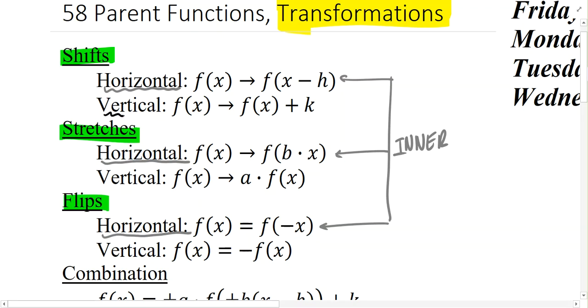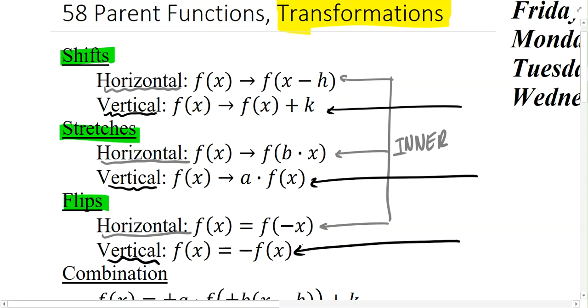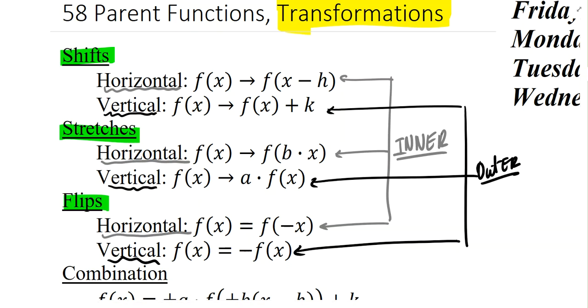If we wanted to perform some sort of vertical transformation, then all of these computations occur on the outside, or on the outer portion of our function. So by recognizing that pattern, it's going to make establishing your transformations a little bit easier down the road.